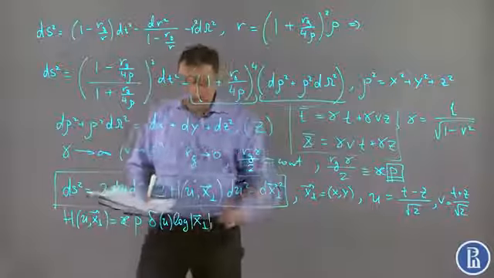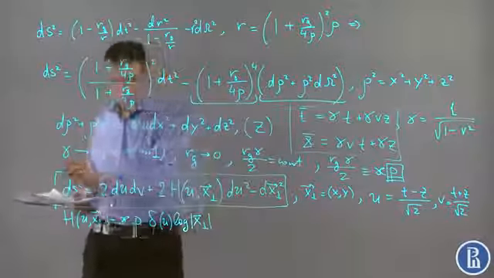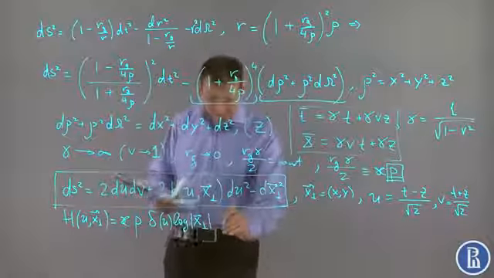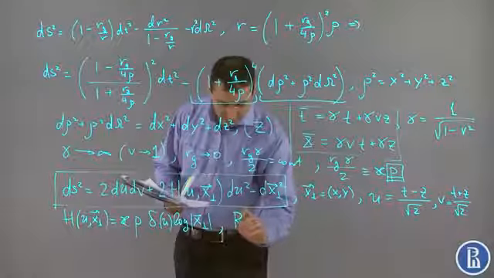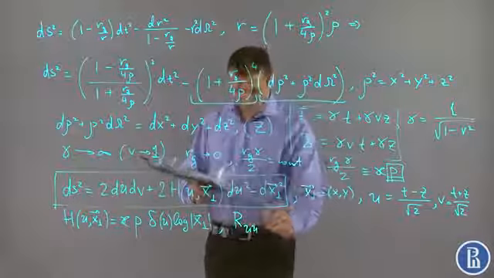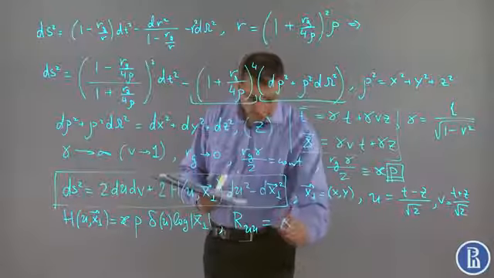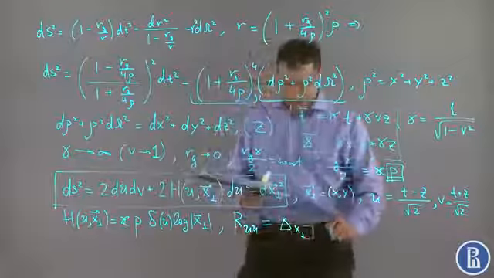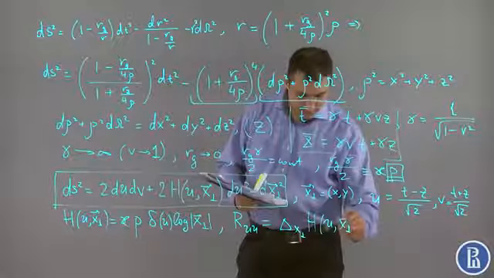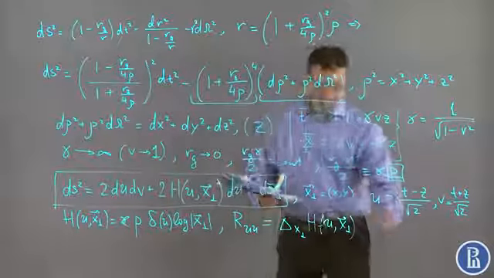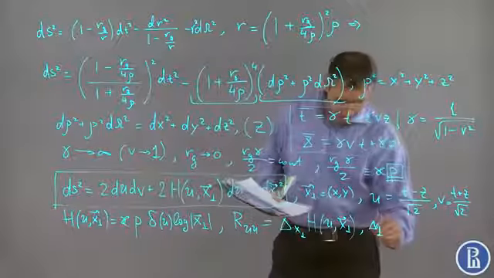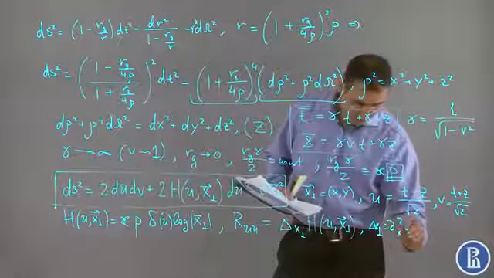The other way to see that this metric is a solution of the GR equations of motion is to use this ansatz for the metric and calculate that the only non-zero component of the Ricci tensor for this metric is just the Laplacian along x perpendicular acting on h as a function of u and x perpendicular, where the Laplacian perpendicular is just d_x squared plus d_y squared.